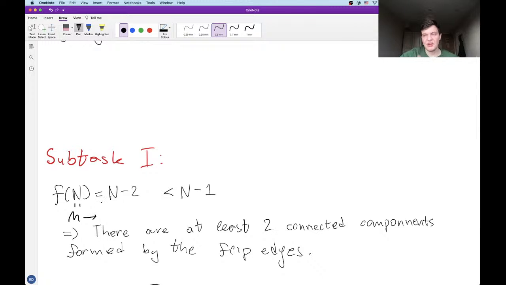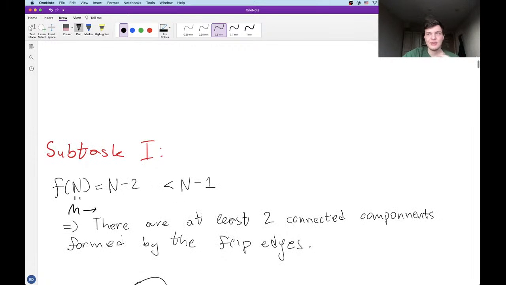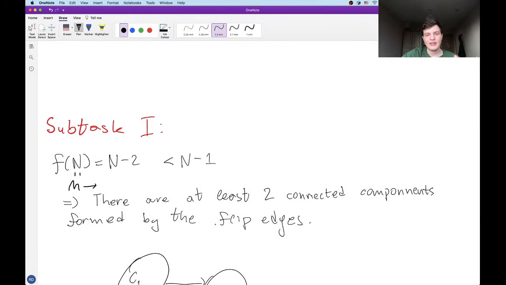This is actually a pretty useful fact. You can also use it in some other problems. If you have any graph, directed or undirected, and you have less than n minus 1 edges, then it will have at least 2 connected components. Strictly less. That's because if we have n minus 1 edges, this graph will definitely be a tree.